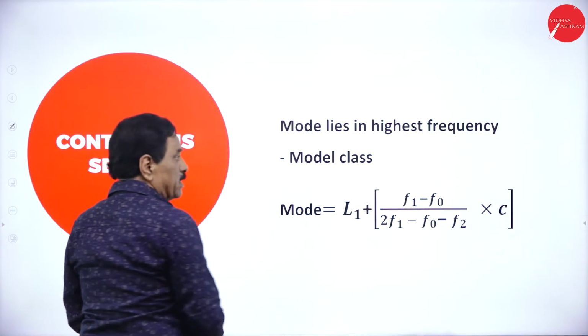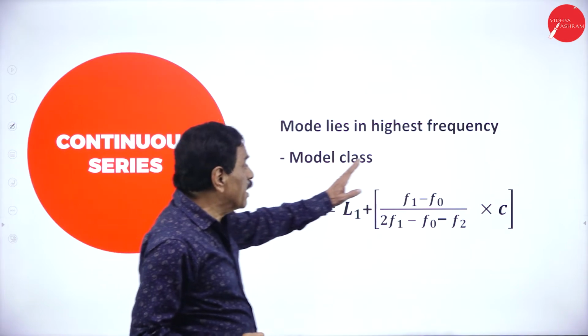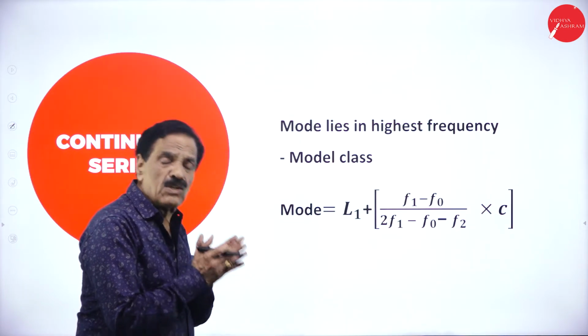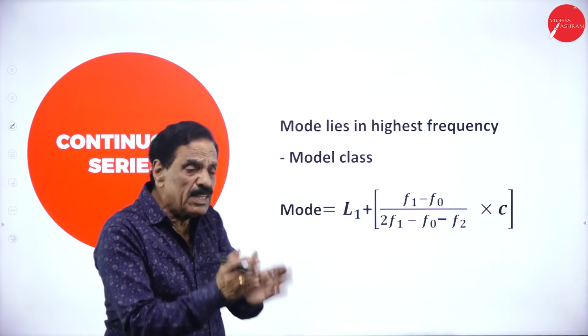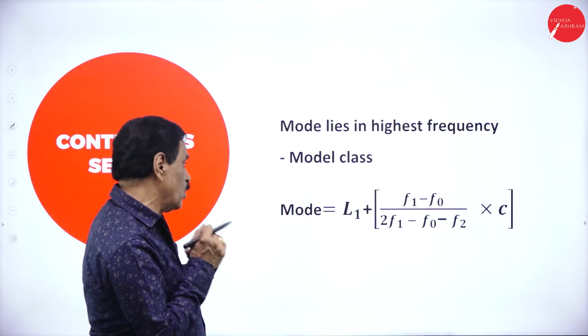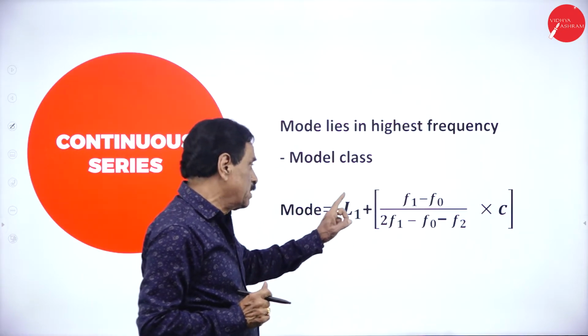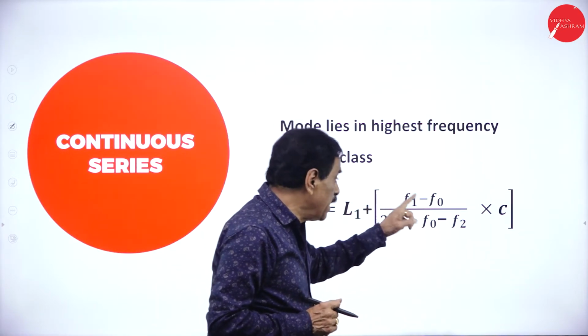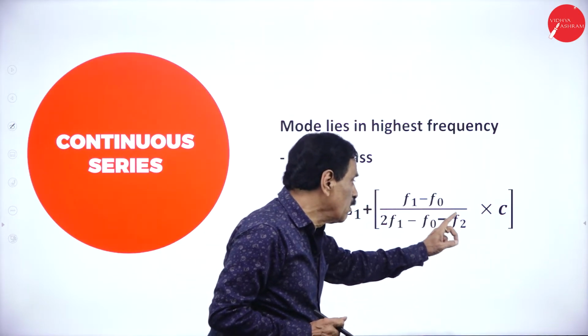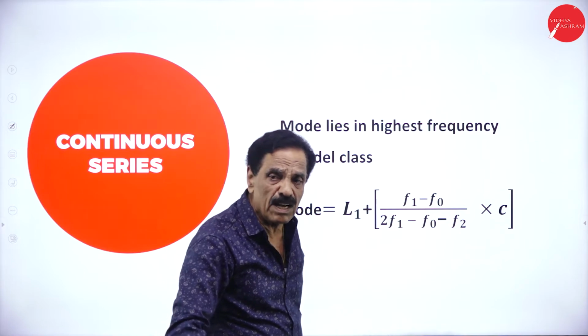For a continuous series, mode lies in the model class, which has the highest frequency. First, find out the highest frequency. With the highest frequency, we can find out the model class. So mode is equal to L1 plus the difference between the highest frequency and the behind frequency, over the highest, behind and forward frequencies, into C, the class interval.